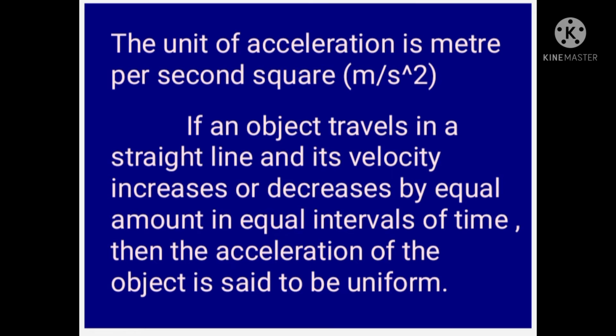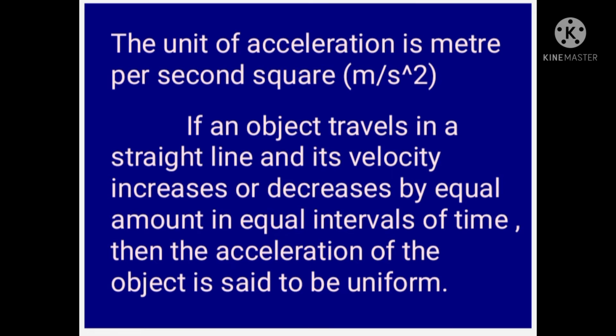Then it increases its velocity to 10 meter per second in 2 seconds, and again to 15 meter per second in another 2 seconds. So we can say that the object is in uniform acceleration. That means the velocity is increasing in a regular manner and the time taken is the same.